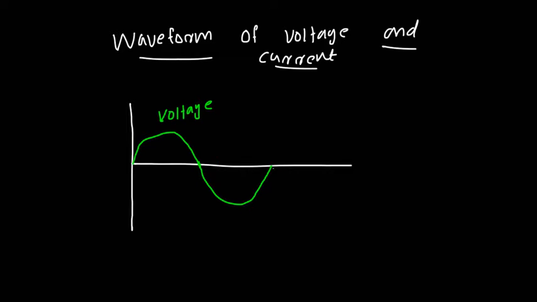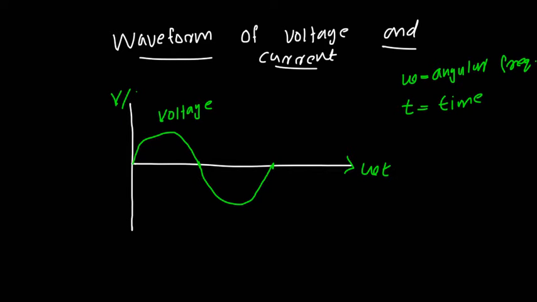This is the voltage waveform, V equals Vm sin omega t, where omega is the angular frequency, t is the time, and V is the instantaneous voltage. V or I, both are on the same axis.